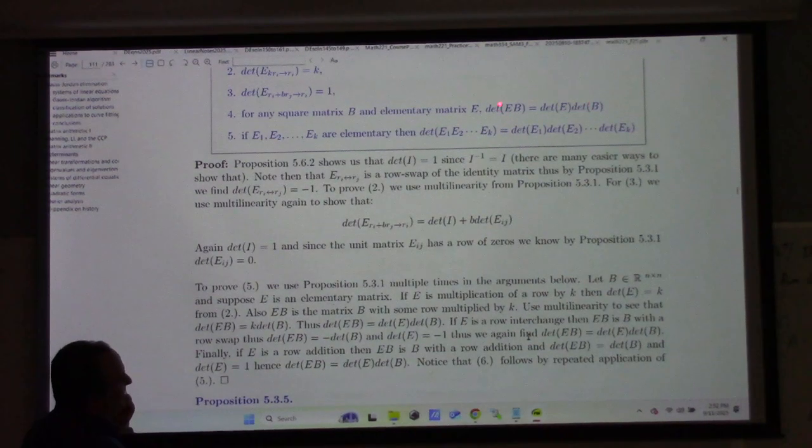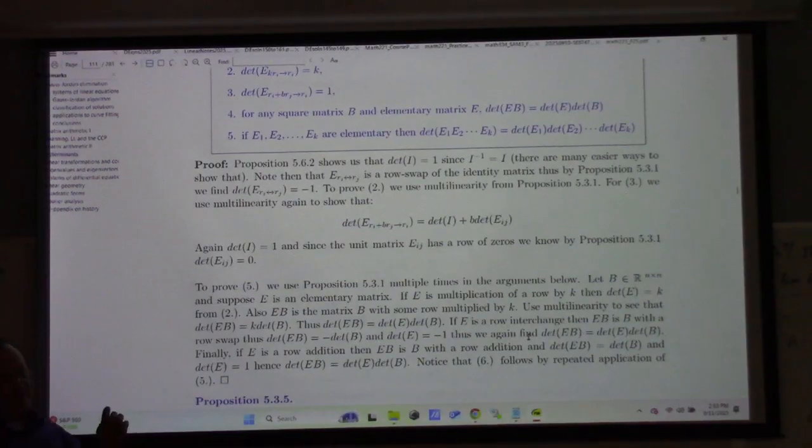Basically, I'm checking this formula in the case of a row rescaling. Then the next thing I do is a row interchange. I check that this is equal if E is a row swap. And then finally, I check that if it's a row addition, then again, the determinant of EB is equal to the determinant of E times the determinant of B. So basically, the proof of 4 rests on case-wise examination of the 3 different kinds of elementary matrices and proving that that identity actually holds true.